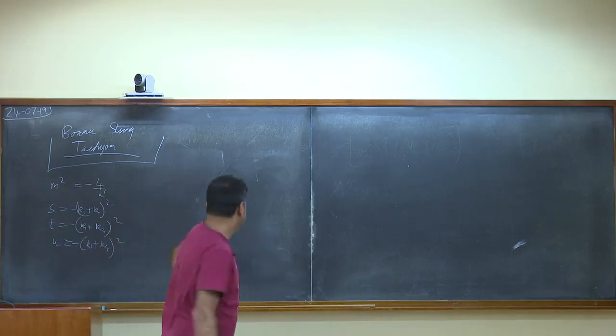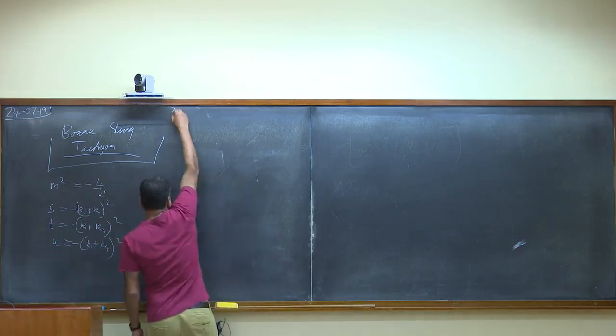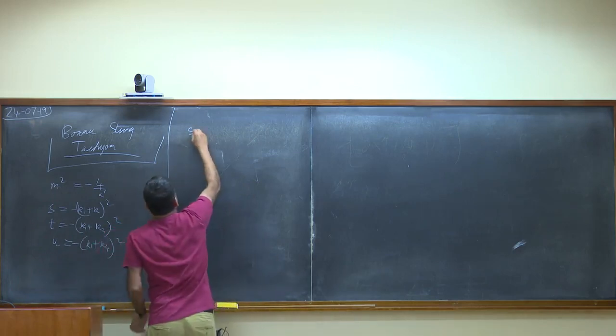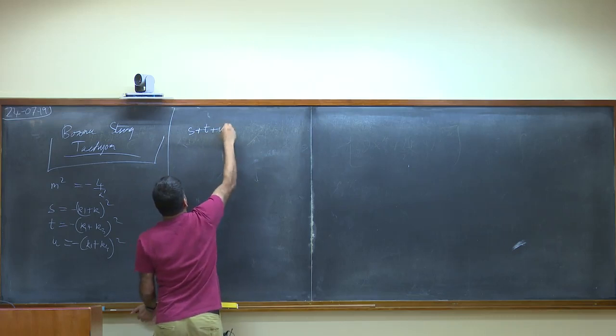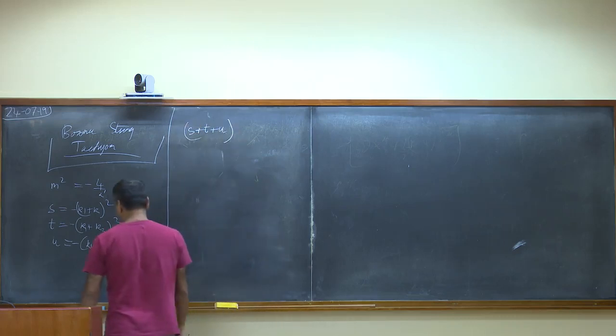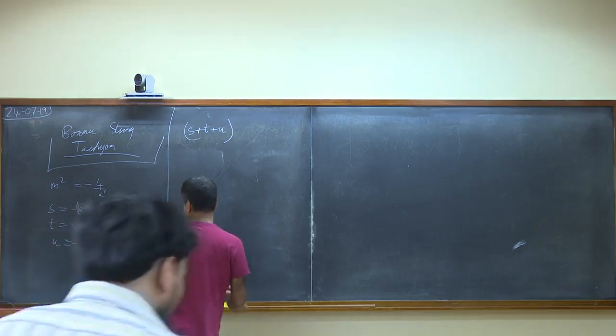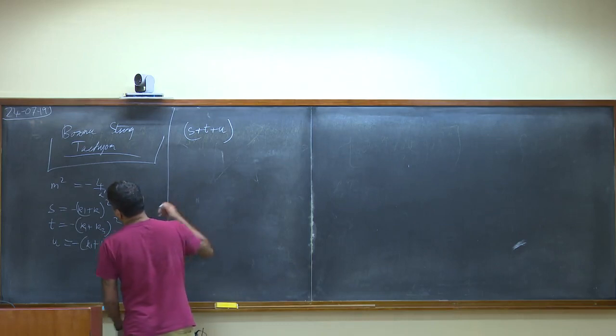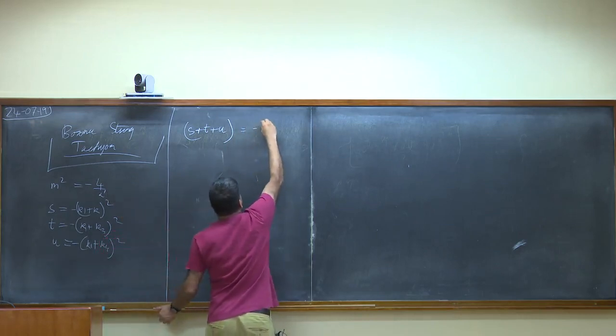Okay. Now with these conventions, I alluded to this last time, but we'll work it out carefully now. Let's compute S plus T plus U. This is equal to 4m squared. Let's check that. So this is equal to minus K1 squared.